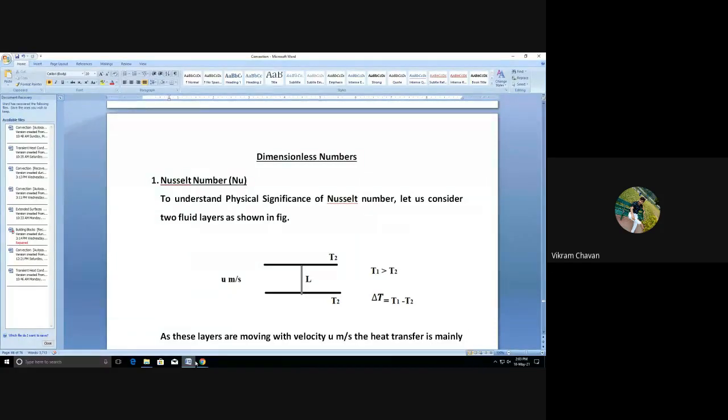So in the last lecture, we discussed dimensional analysis applied to natural convection, and we derived the functionality equation for natural convection. In that we get that Nusselt number is equal to C multiplied by Pr raised to n multiplied by Grashof raised to m. So Nusselt number is a function of Prandtl number and Grashof number in case of natural convection.